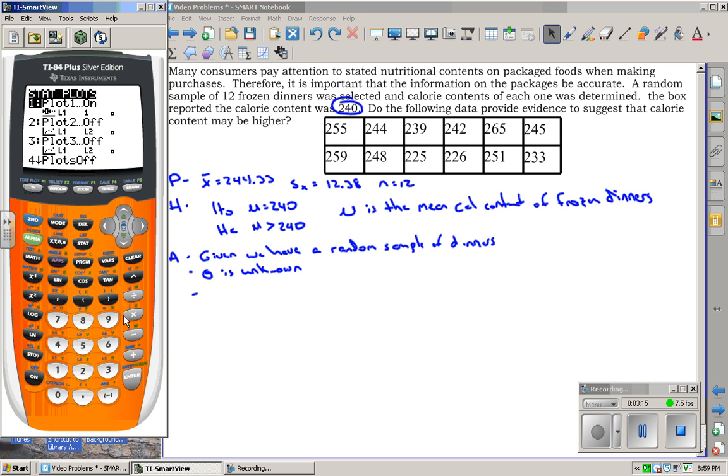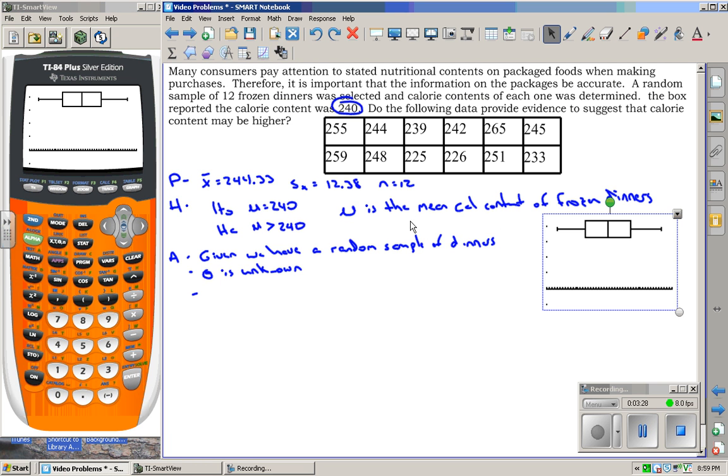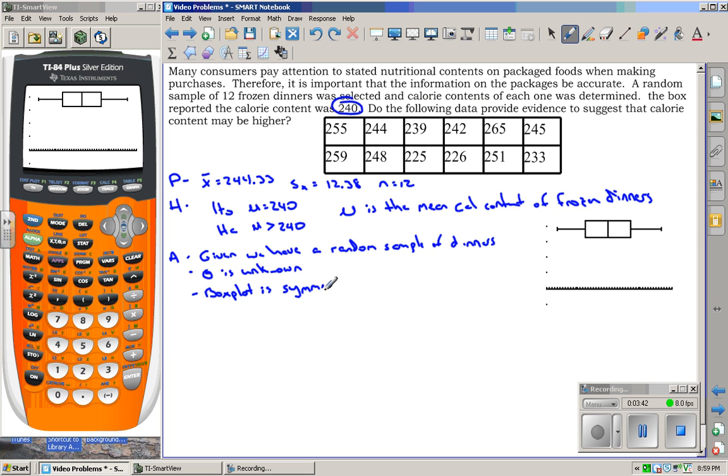my stat plots, and you can see stat plot 1 is turned on. I'm going to do a box and whisker plot on list 1. So if I do zoom 9, there's my box and whisker plot. So, nice little feature of the Smart Notebook, I can pull that over there, and I can say the box plot is symmetric with no outliers.